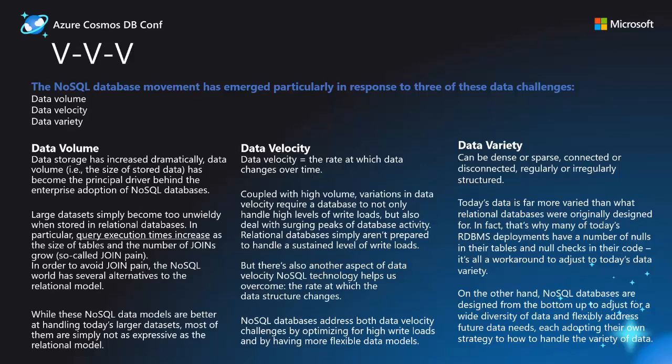NoSQL databases have been built from the ground up to respond to this kind of problem. And of course there is a counterpart, which is that we need more simplicity in the query engine and in the data model, the data that we are storing.